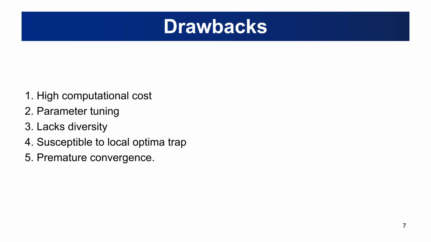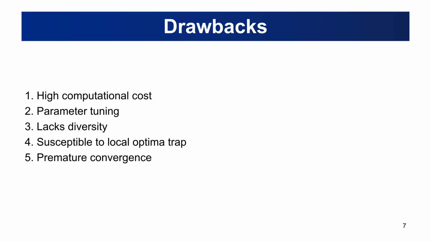And also you need to tune the parameters. It can be hard and demanding. And then research has also shown that the classical genetic algorithms lack diversity. So it's not able to do a proper exploratory work. And also it's susceptible to local optima traps, and there's also the issue of premature convergence. So these are things you need to always consider.